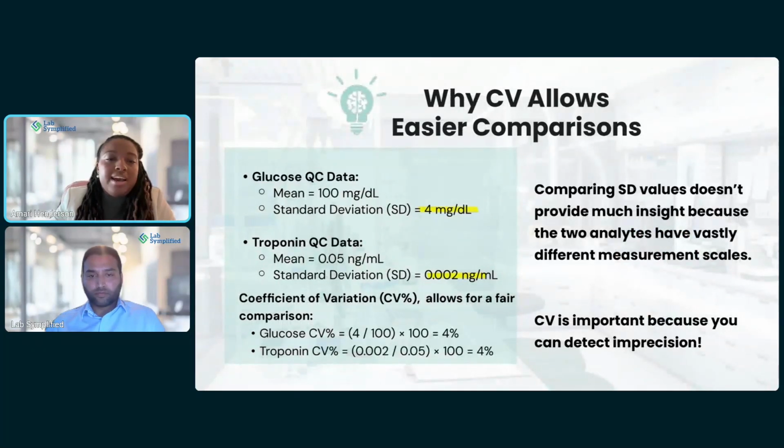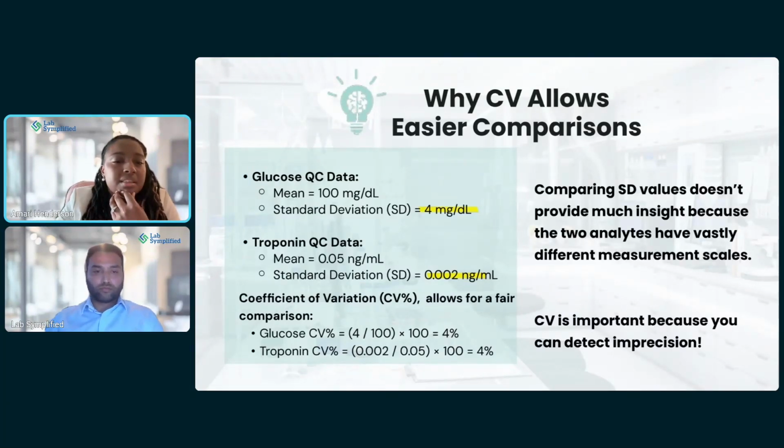I have a little example here. Right here, I list a mean value for glucose, which is 100 milligrams per deciliter. And then I come down here and I list a mean of 0.05 for troponin. Because these are in different units, it's harder for me to compare the standard deviations for these two assays because they're in different concentration levels.